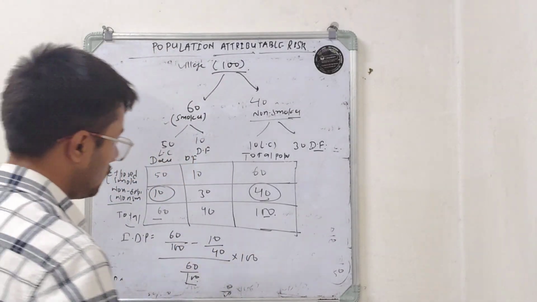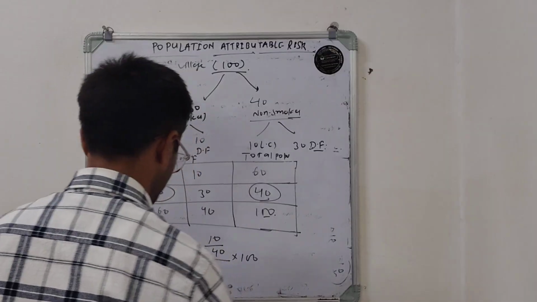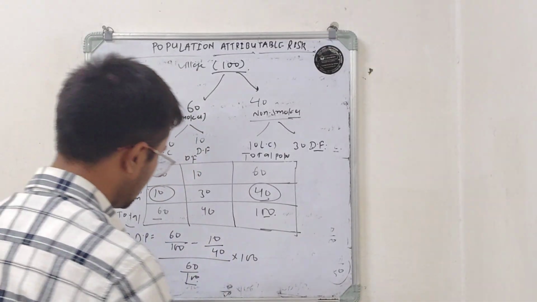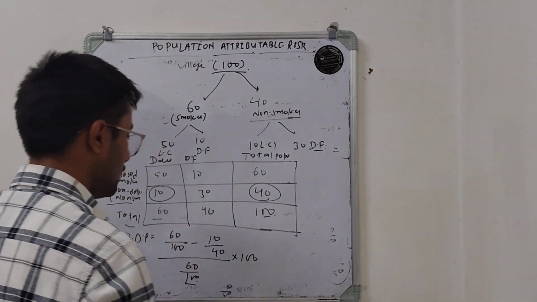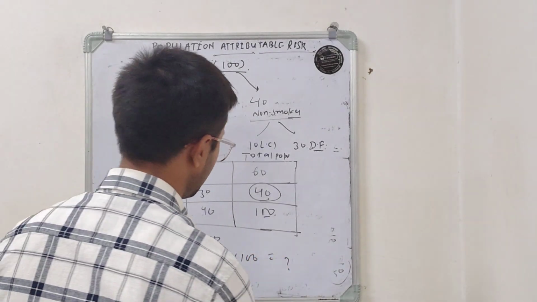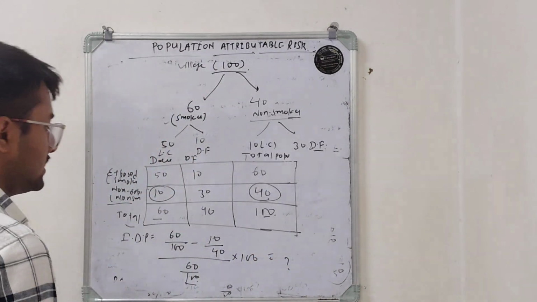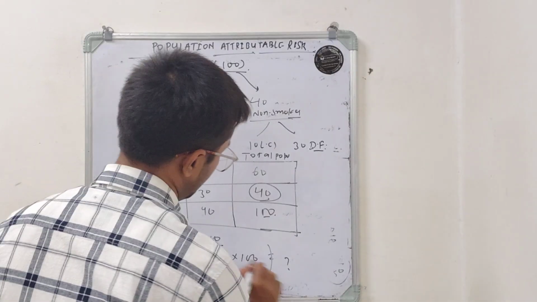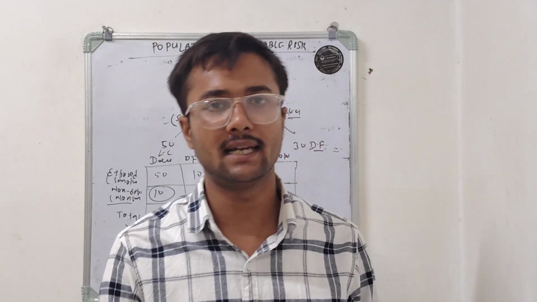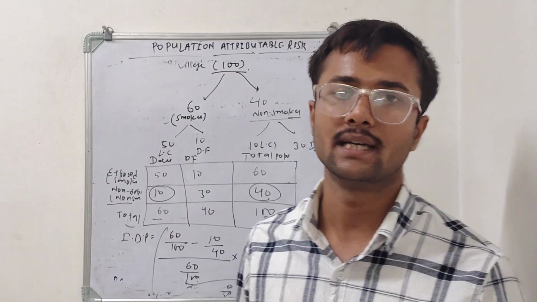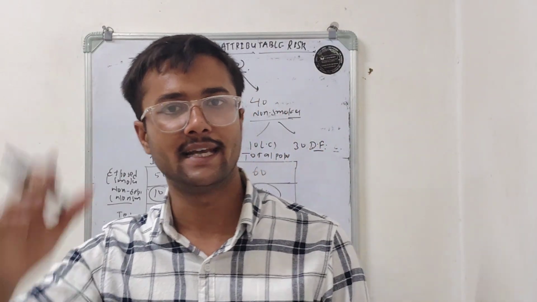Now how do we calculate? It is too difficult for me to calculate, whatever the calculation that comes, that is the final answer. By this way we can calculate the population attributable risk. Okay, thank you, welcome back in the next lecture.